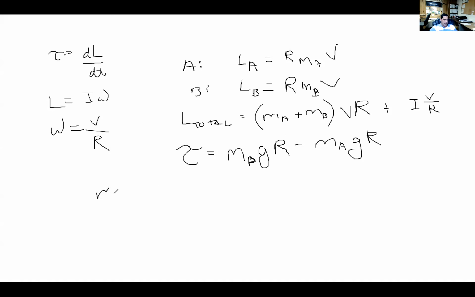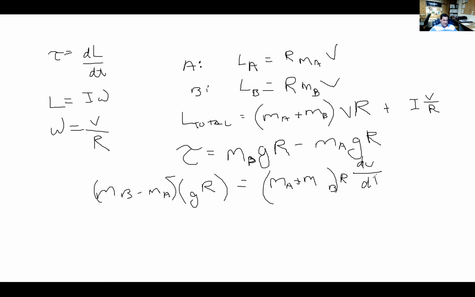We end up with (MB minus MA) times G equals (MA plus MB) times R dV/dt plus (1/R) dV/dt.